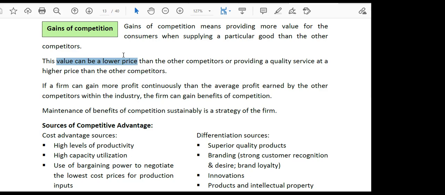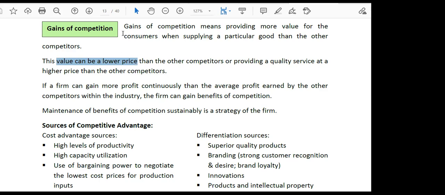Or else, for the same price, I am providing a much higher quality service. Let's say everyone is charging 2,000 a month, but mine is more quality. Let's say my tute is colored. I maybe explain the same thing twice or thrice. Let's say I have 3 or 4 classes a week. So maybe a higher quality service.